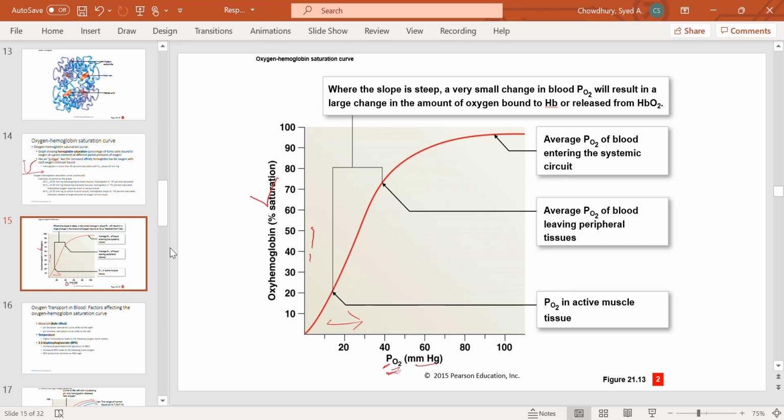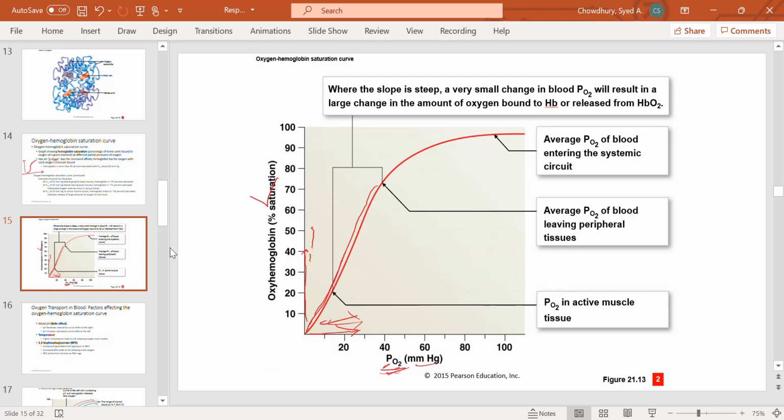So when the hemoglobin is empty, it will quickly bind with the oxygen. Makes sense? So you see the first part of the curve is a very sharp rise, because the pressure of oxygen here is going up, right? And the hemoglobin is getting saturated by the oxygen. That means oxygen is quickly getting attached to the hemoglobin because hemoglobin is empty.